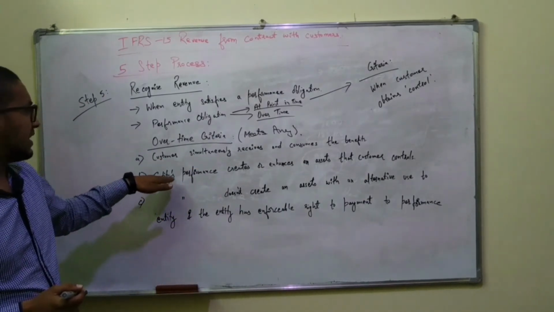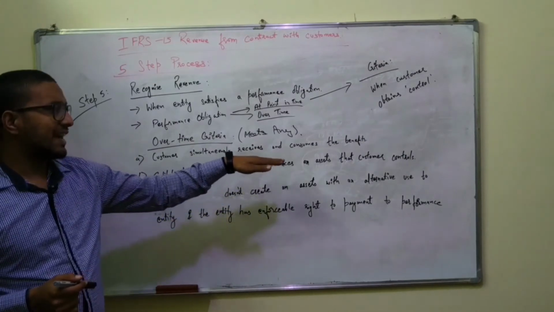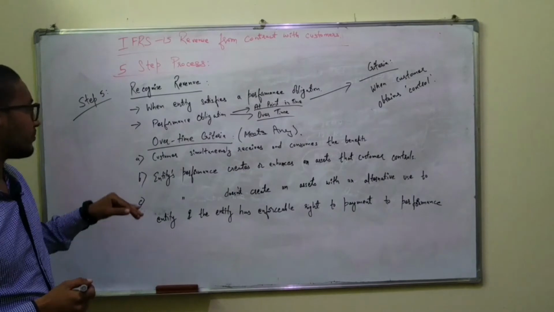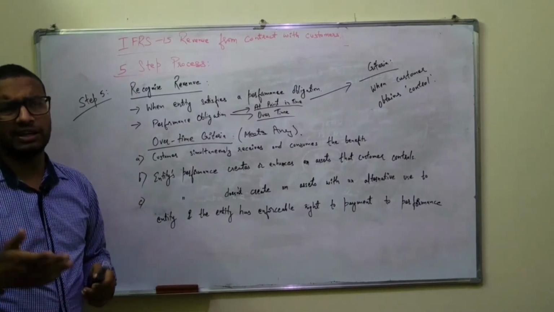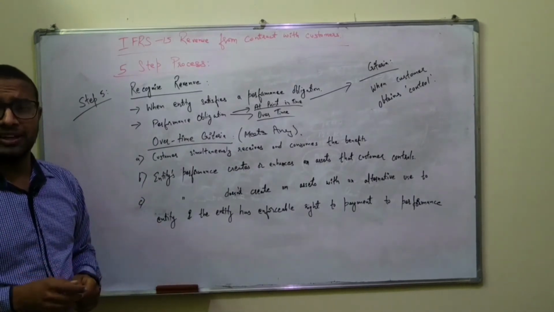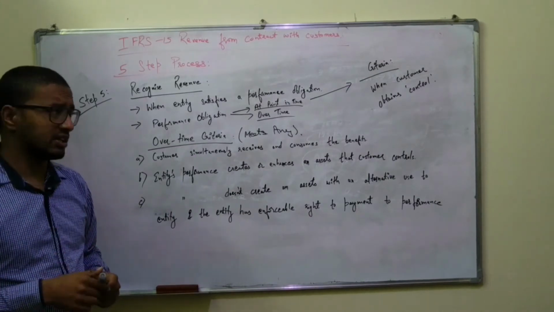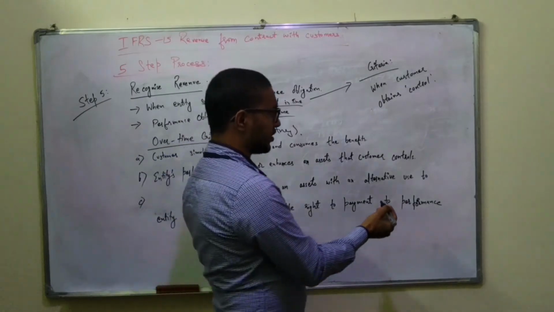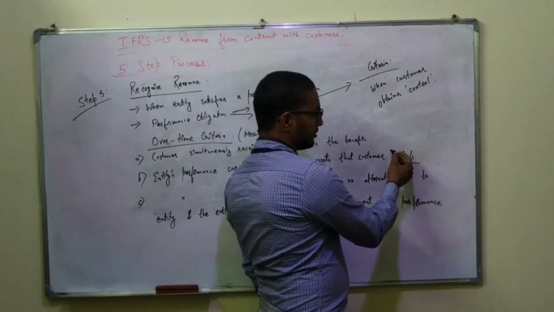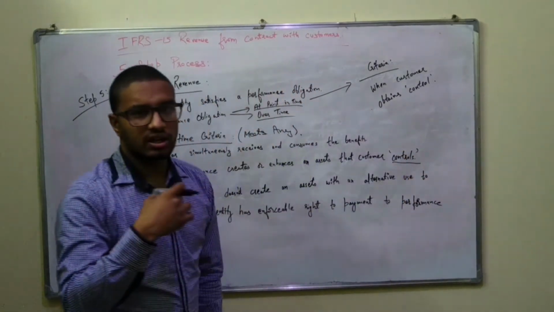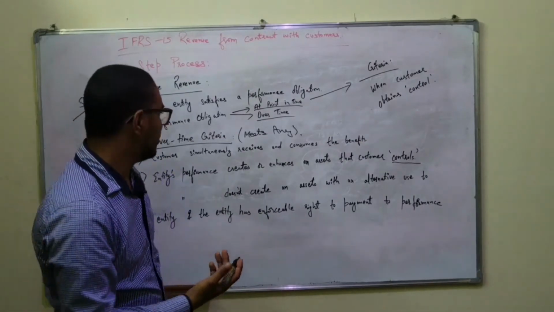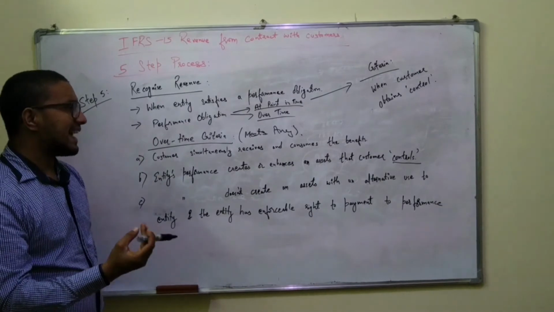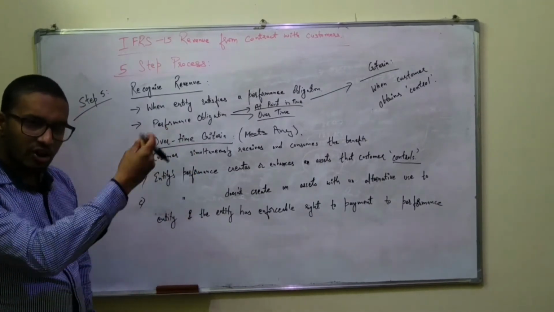The second is that the entity's performance creates or enhances an asset that the customer controls. Suppose you're building a particular building or specialized factory for a customer. In that case, you don't have the control, but the customer has the control already. So you are enhancing an asset that the customer already controls.